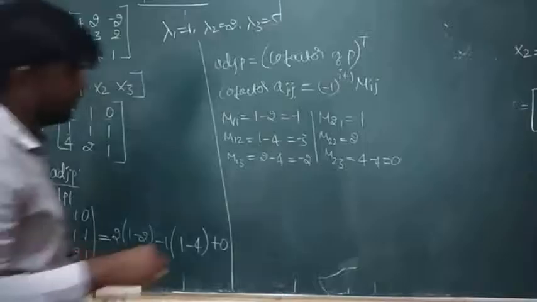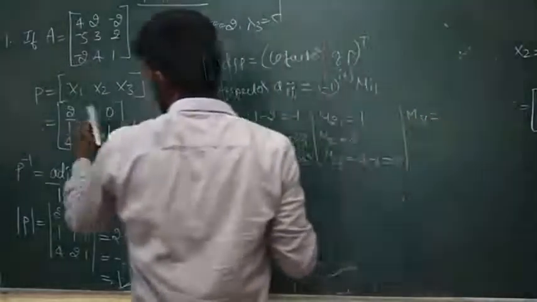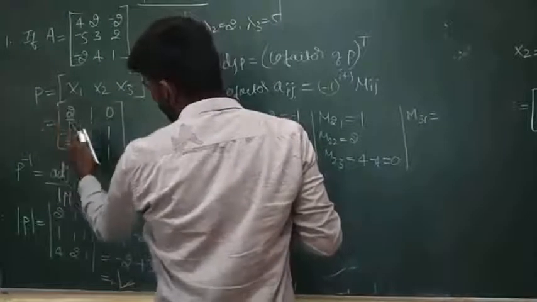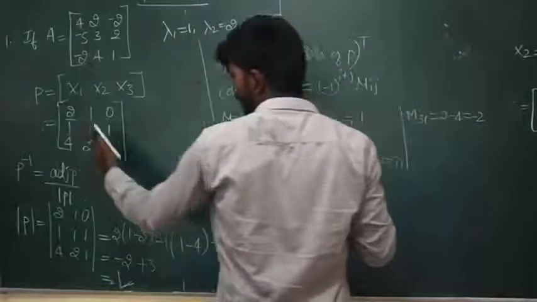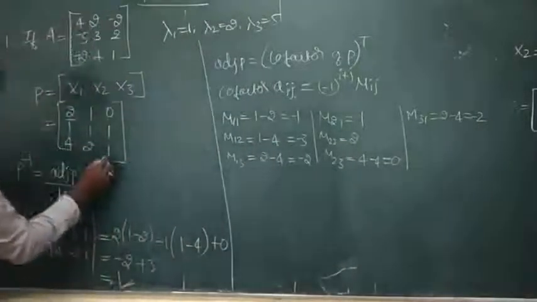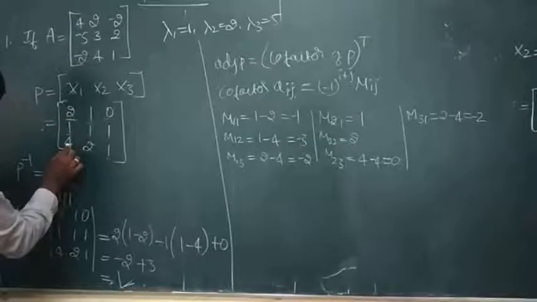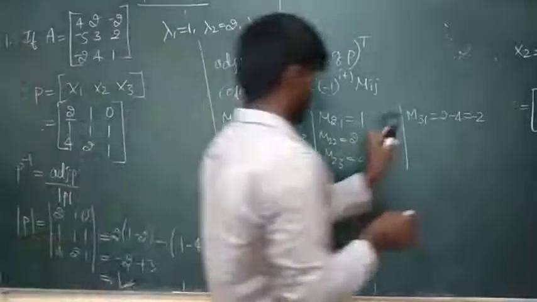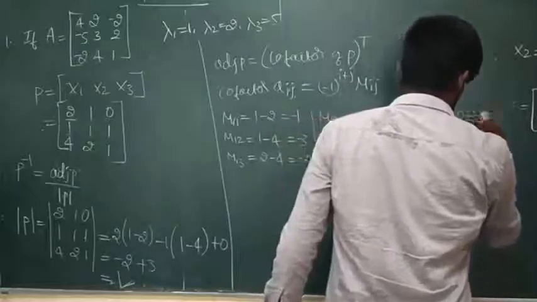Similarly, M31, leaving this row and this column, 1 into 1, 1 minus 0. M31, 1 minus 0 gives 1.